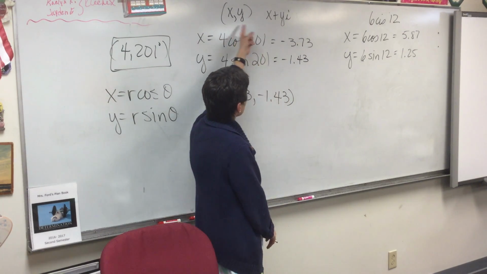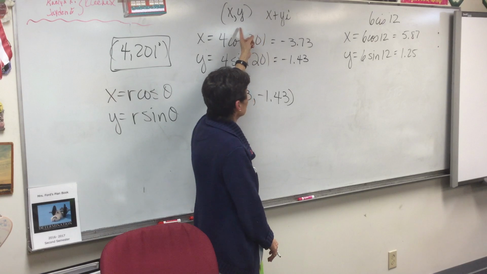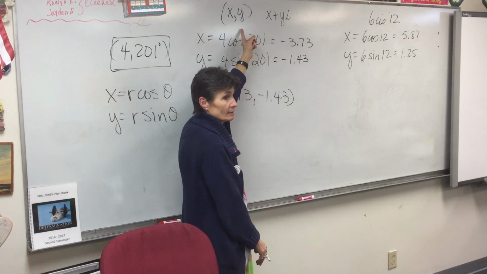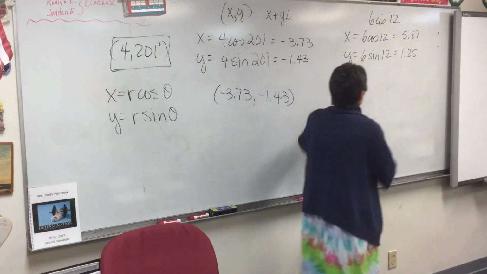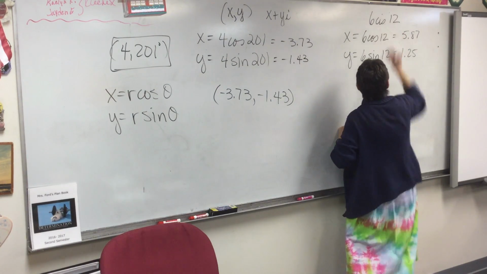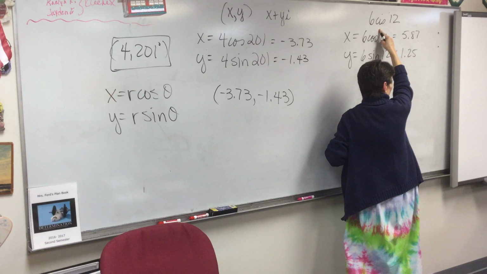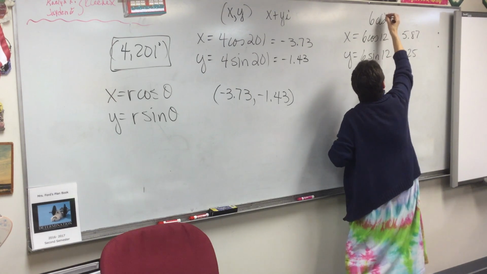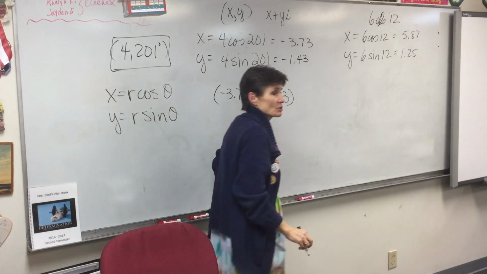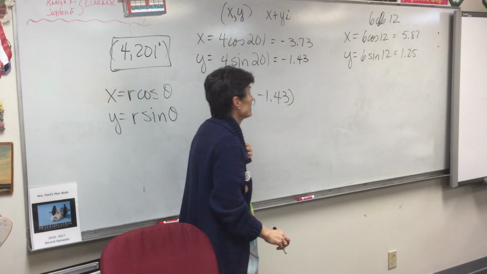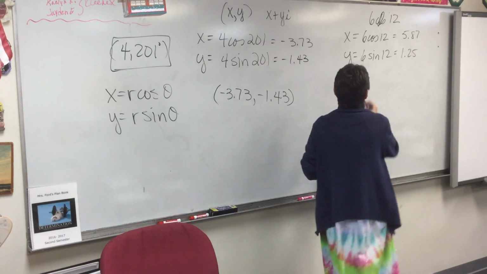Now I decide how I write my answer. My choices are right there. Anytime you have X and Y, this is your choice. Which way are you going to write it this time? Just like this. Notice, gang, first of all, is the problem an ordered pair? No. So you would never answer as an ordered pair. Secondly, there's an I in the problem. CIS, cosine, I sine. So I need an I in my answer.